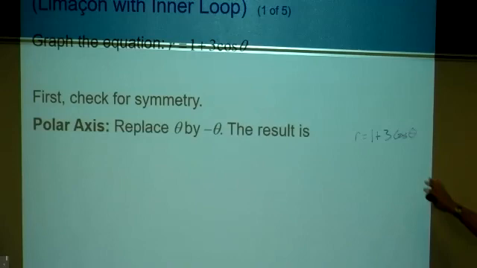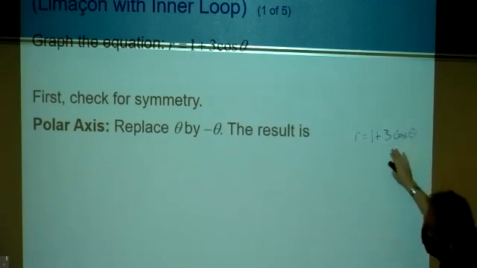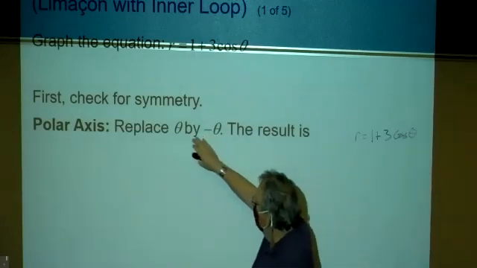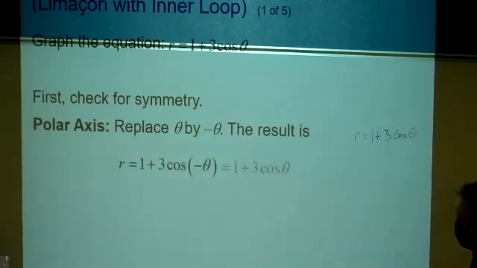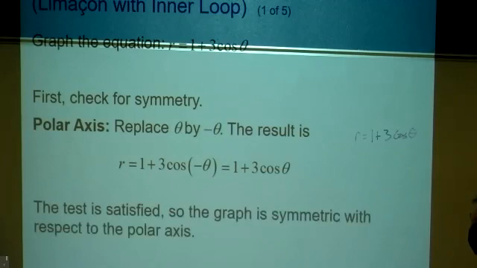And again, we know cosine is an even function, so the cosine of negative theta is just the same as the cosine of theta, so that's going to result in the same function. So we know it's going to be symmetric with respect to the polar axis.